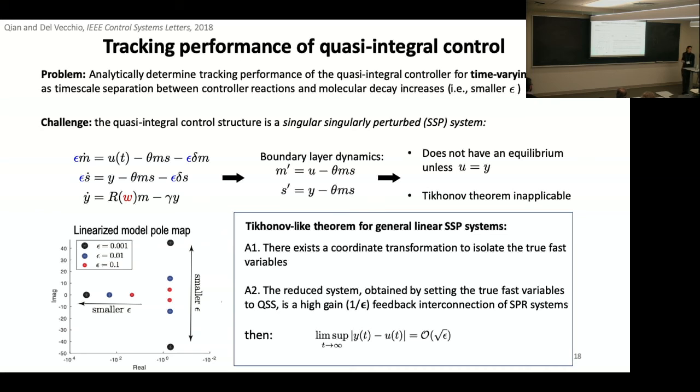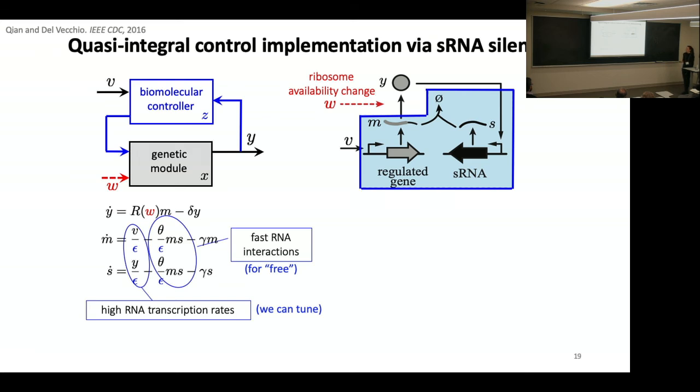So that said, we thought, let's build a system. And we did it. We searched for a pair of molecules, M and S, that could be part of our controller. We picked a system where the mRNA of our protein is targeted by an sRNA, which is expressed by this feedback loop here. The sequestration reaction is here: M and S come together and go to nothing.